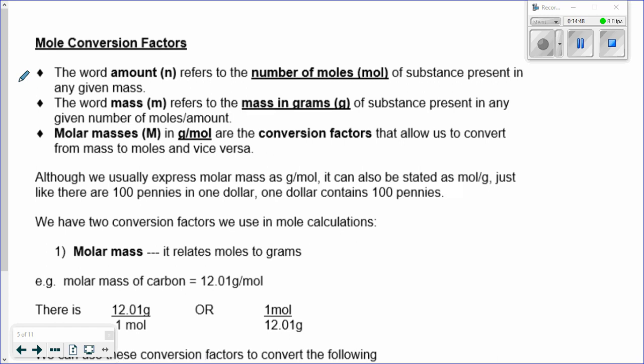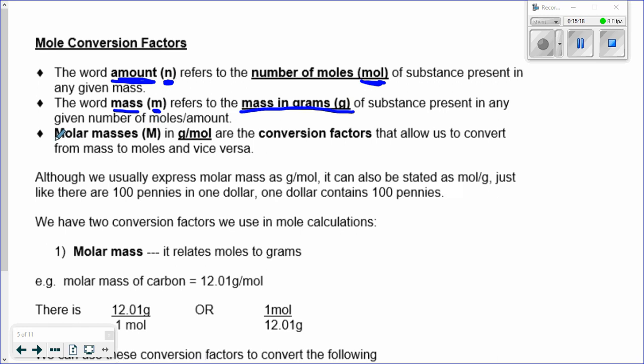So the word amount, so if you see amount with the symbol n, refers to the number of moles of a substance present in any given mass. The word mass with the lowercase m refers to the mass in grams of a substance present in a given number of moles per amount.